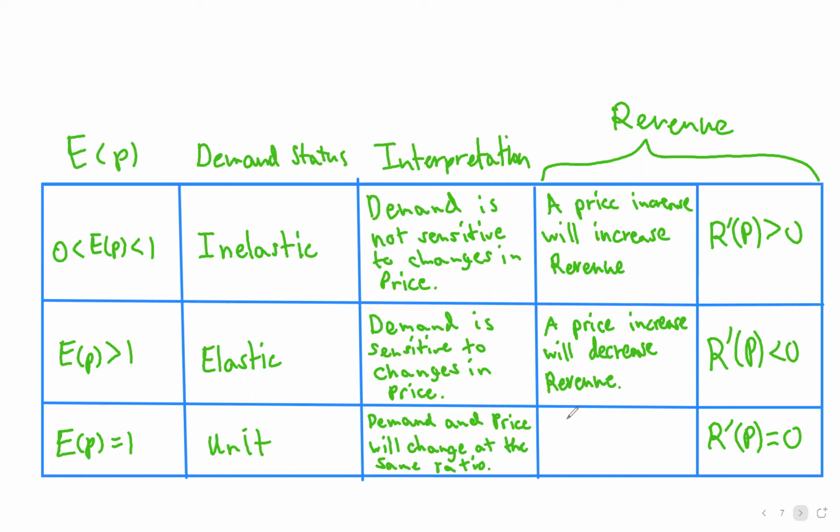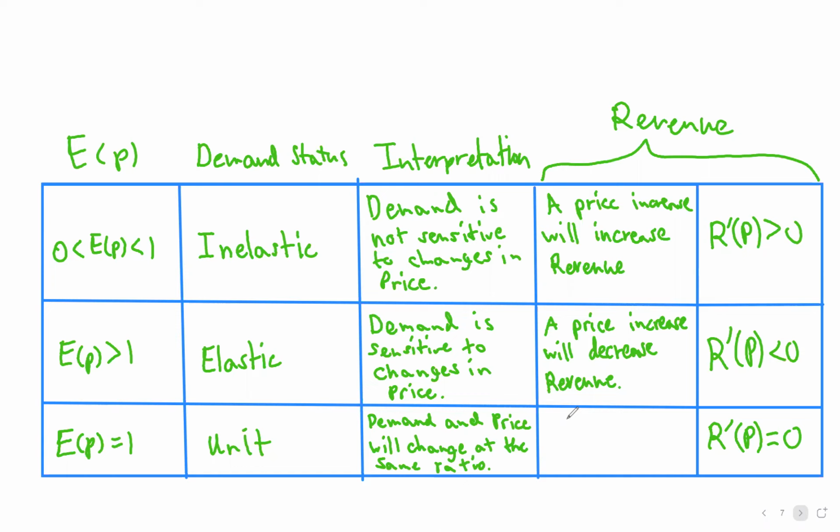for the revenue. And so in terms of what this means in general, it's potentially better to decrease your prices if you have elastic demand at that point, with all the information that you've got. We also have the situation where E of p is equal to 1. And that means that the demand status is unit, or that you have unit demand.